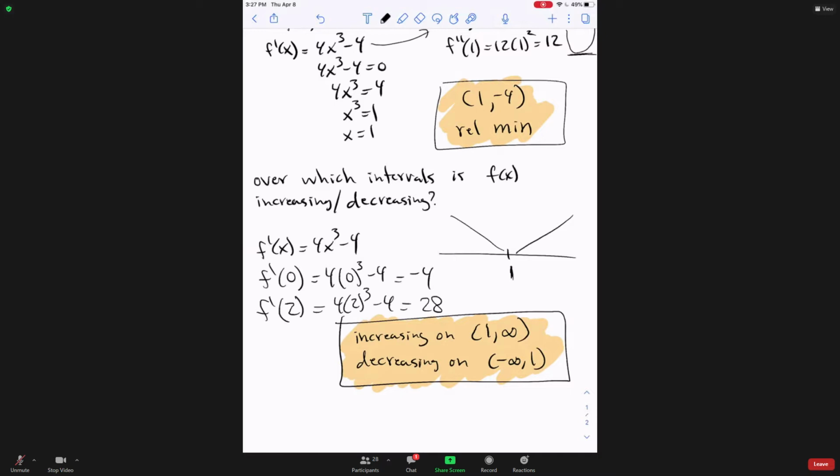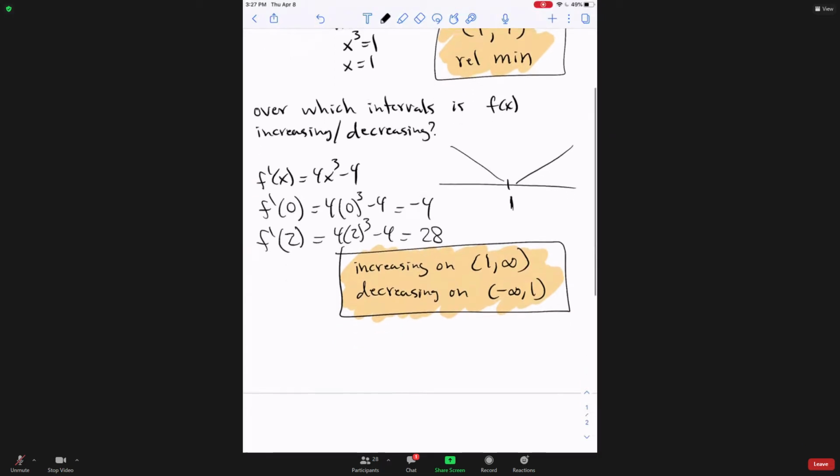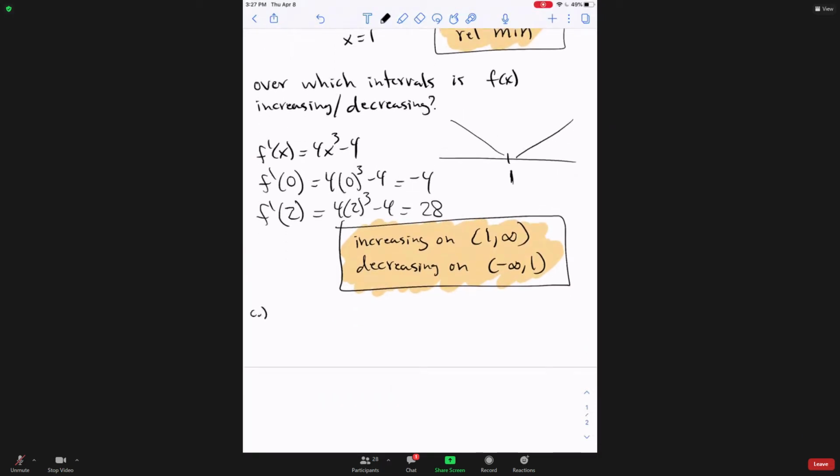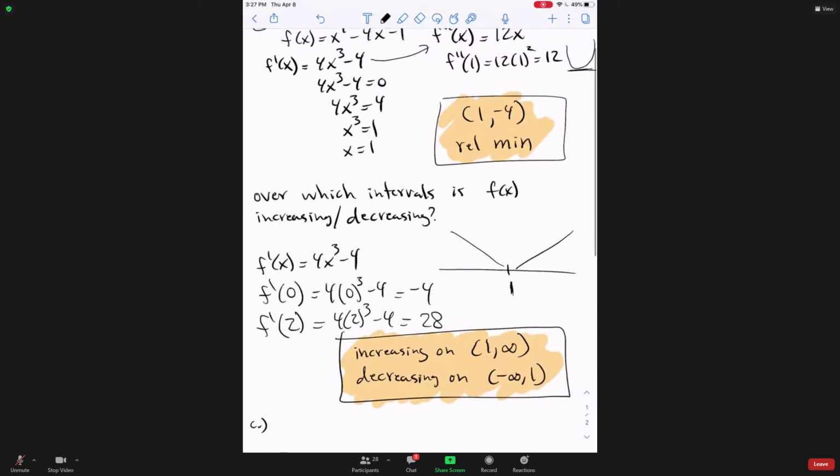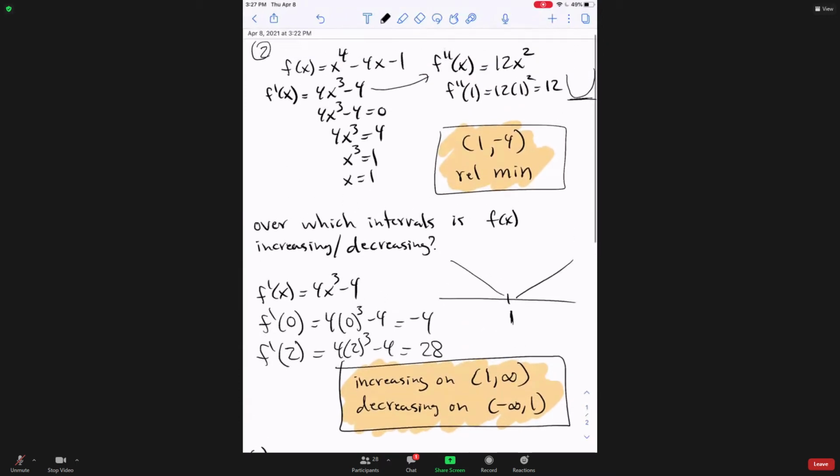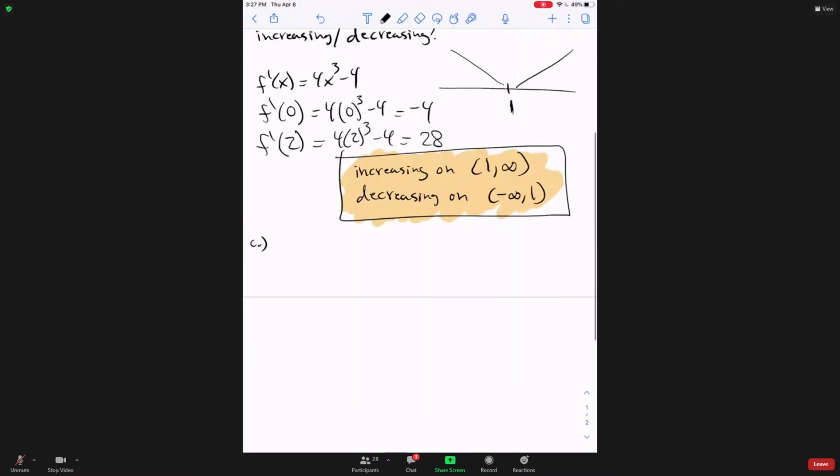And then part C, I ask you about inflection and concave up or down. So for part C, you have to find the second derivative, which is 12x squared. We already did it up there. So 12x squared equals 0, so x squared equals 0, x equals 0.